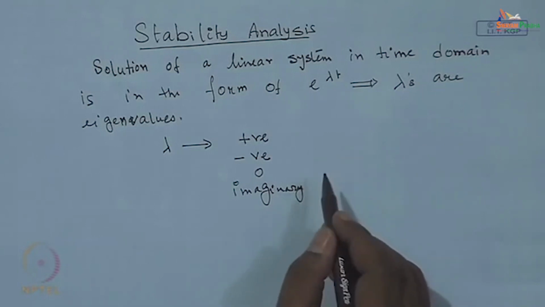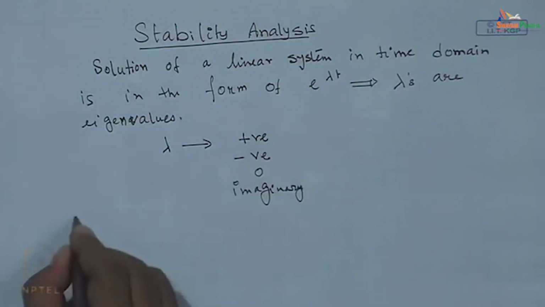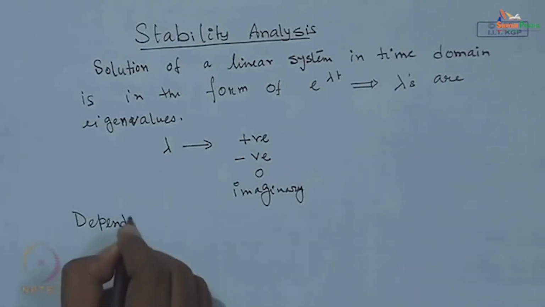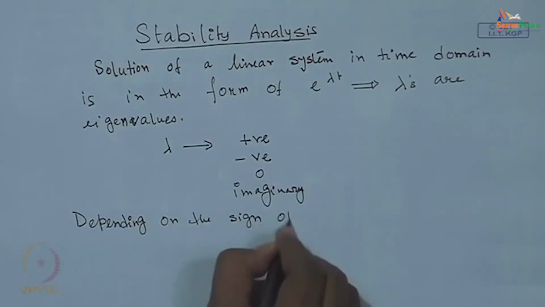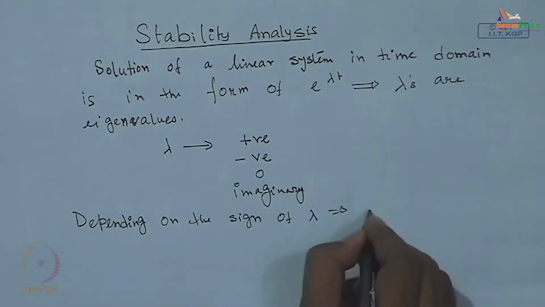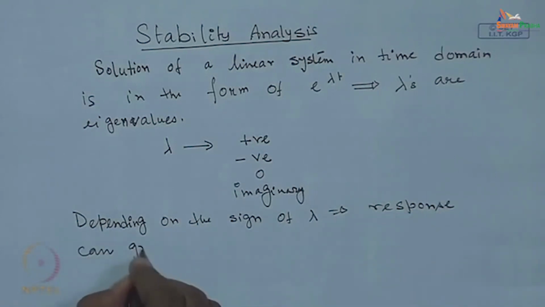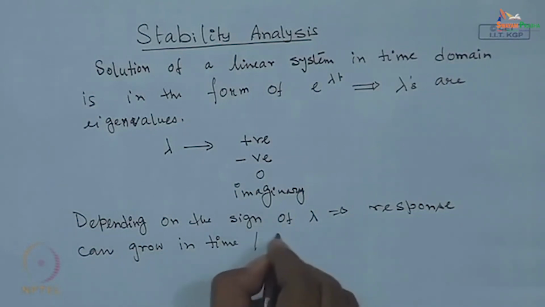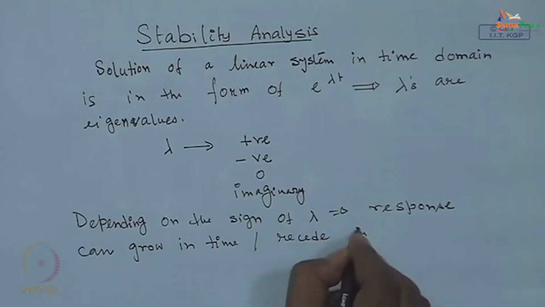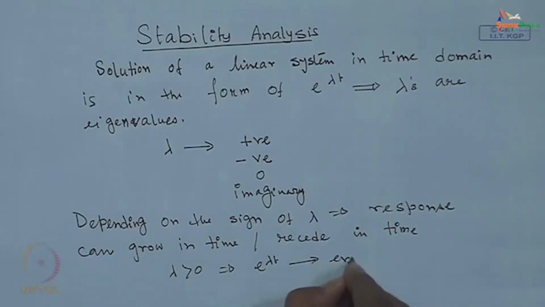Now, we can see in this problem that depending on the sign of lambda, the response can grow in time or recede in time. That means, if lambda is positive, then e to the power lambda t is an ever increasing function.